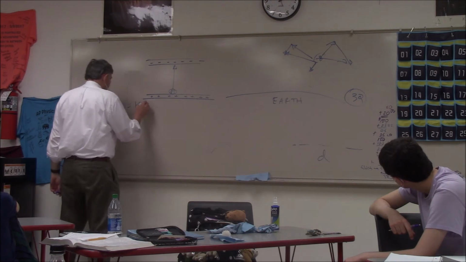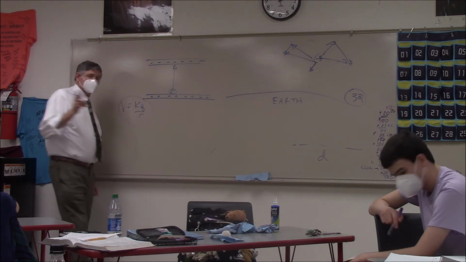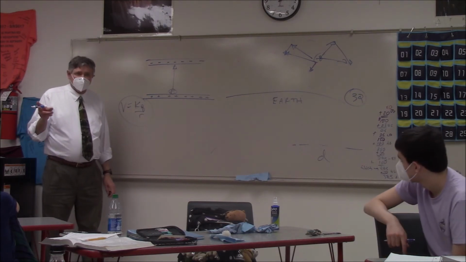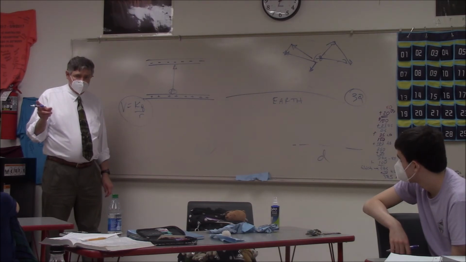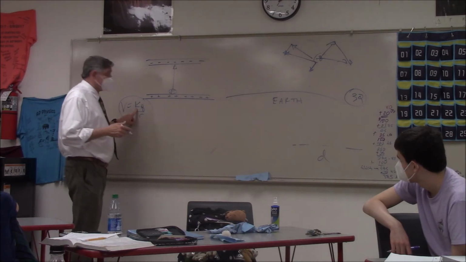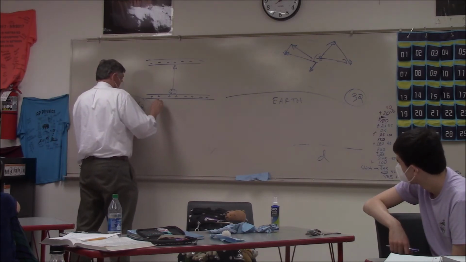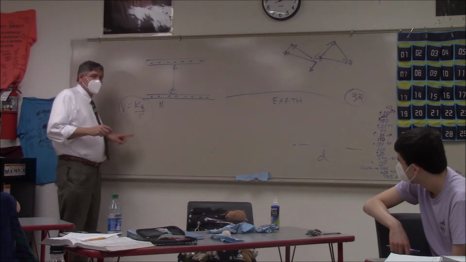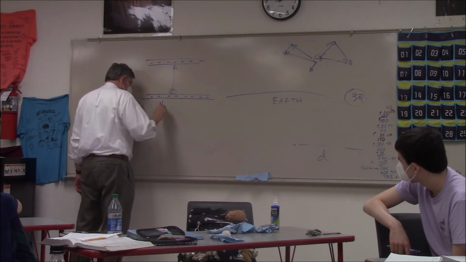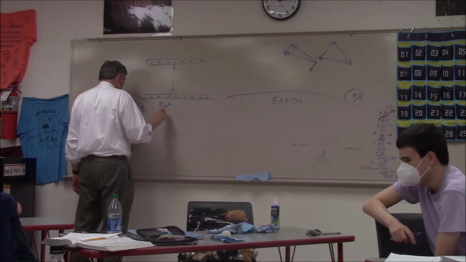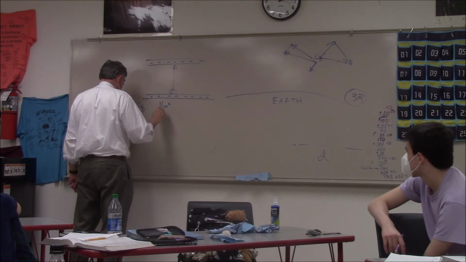So if you look at this voltage, because remember, what are the units for voltage? Joules per coulomb. If you're not sure, what are the units for K? Newtons meter squared over coulomb squared.